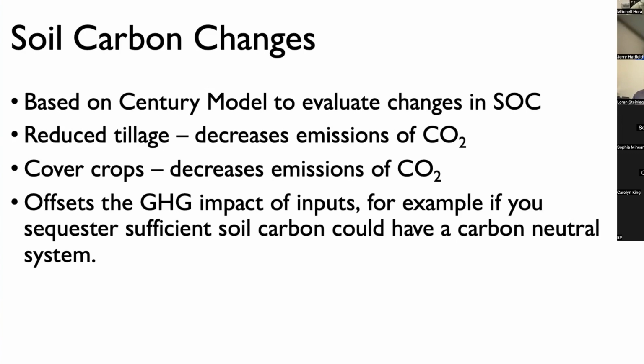So you've got to look at the combination of reduced tillage, and then the cover crops continue to add to that. If you look at the GREET model, and Calstub talked about this, we can sequester sufficient soil carbon that would basically offset the carbon footprint of energy inputs and nitrogen fertilizer and all of this.